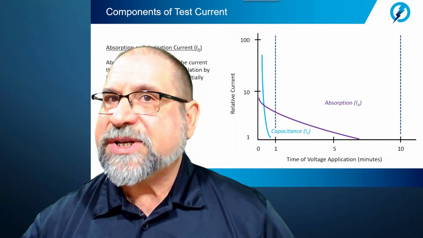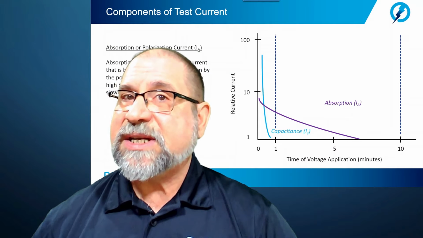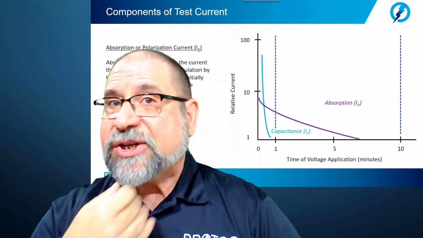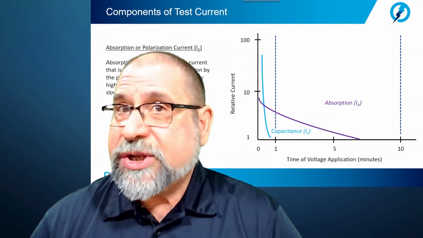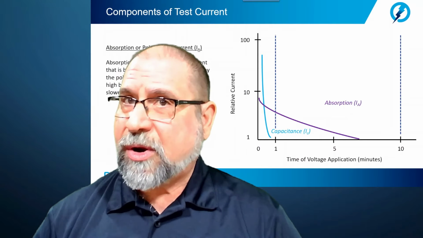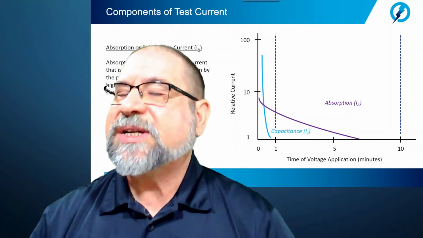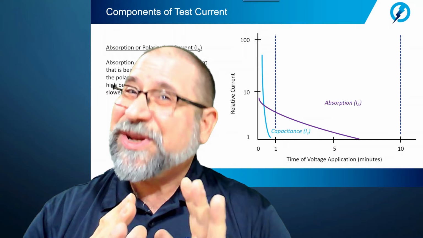But over time, for instance over the next 60 seconds, you notice that the insulation resistance continually climbs. Now, to an untrained eye, one may conclude that the longer that potential is applied to an insulator, the stronger the insulation becomes. But that's really not true.